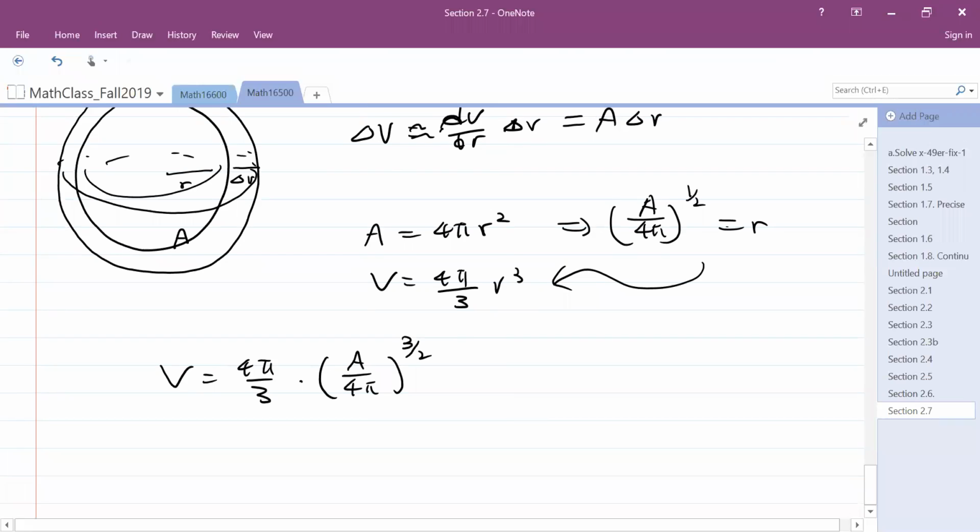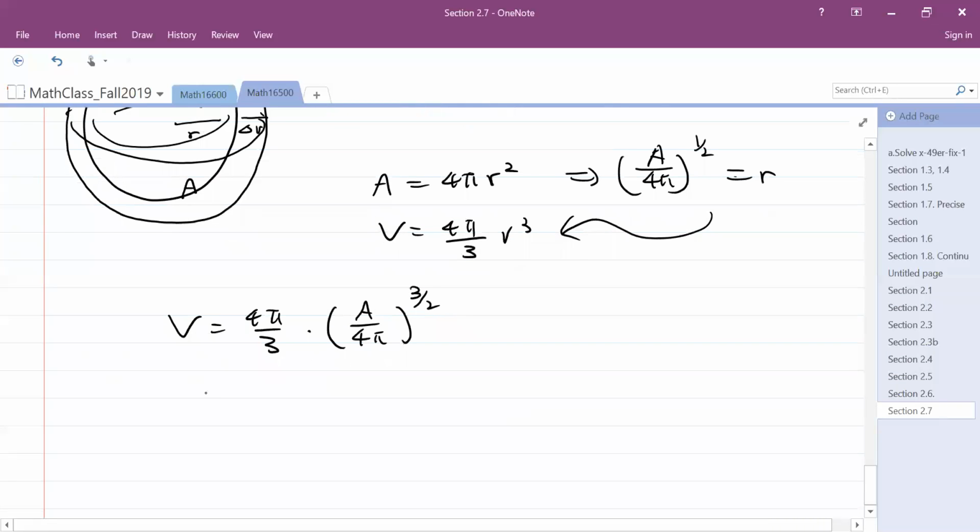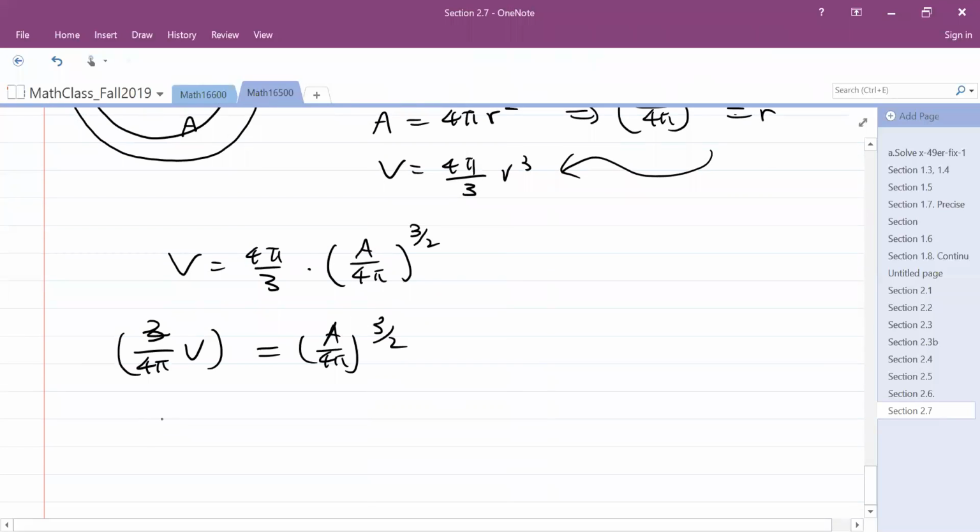So you can write down the relationship between volume and surface area. Sometimes you can also express it in this form: 3 over 4 pi V equals A over 4 pi to the 3 over 2. Then you can square it.